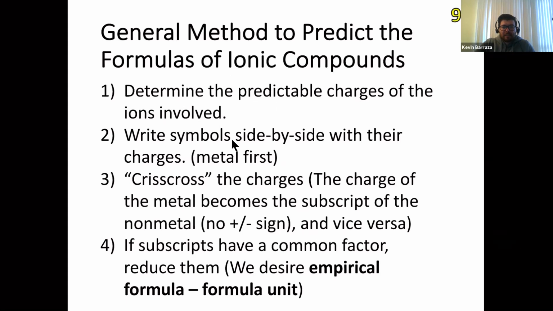We are going to write the symbols side by side with their charges. And someone asked a while back whether, with formulas, the order matters. This is the part where we say, yes, it does. The metal comes first, or whichever ion is the positive ion comes first.